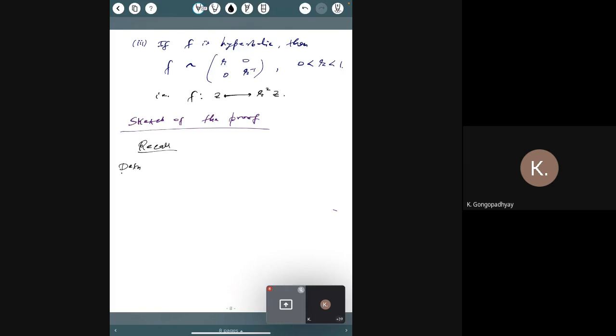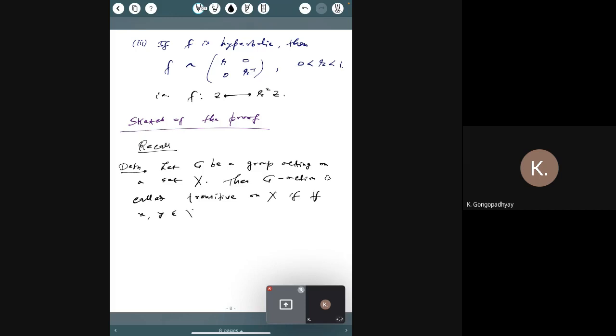Definition. Let G be a group acting on a set X. Then the G action is called transitive on X if for all pairs x, y in X, there exists g in G such that gx equals y.